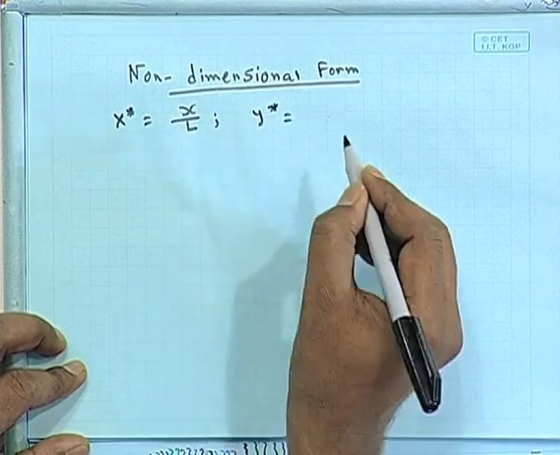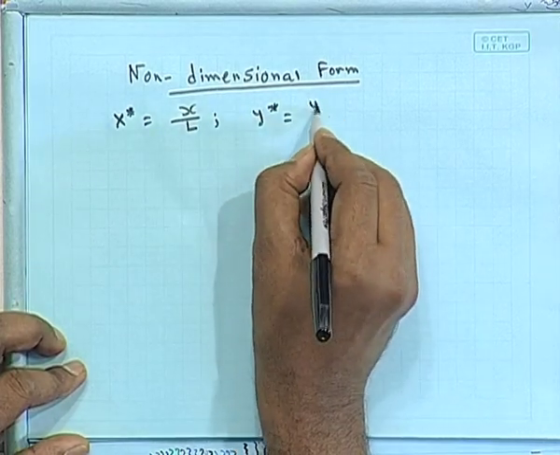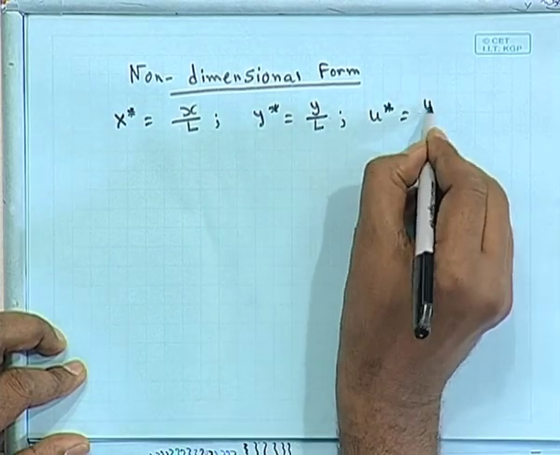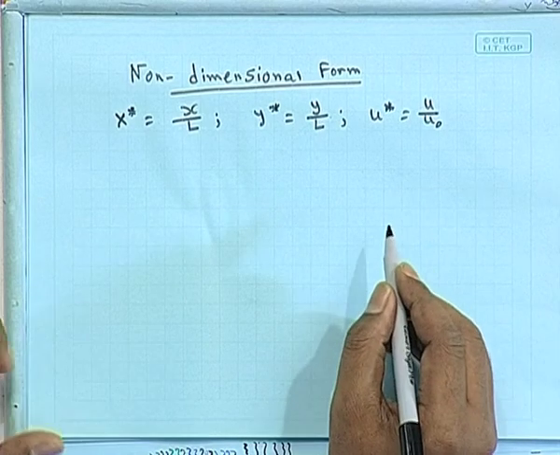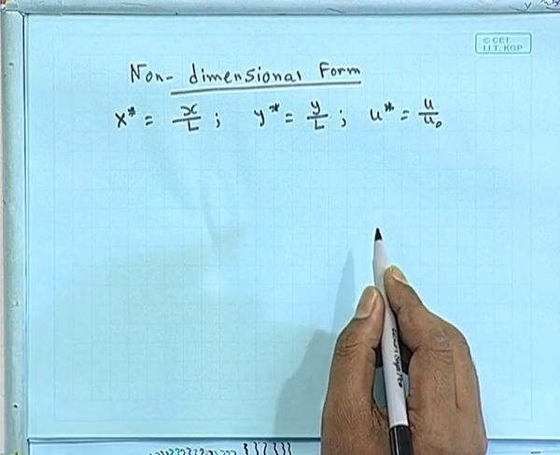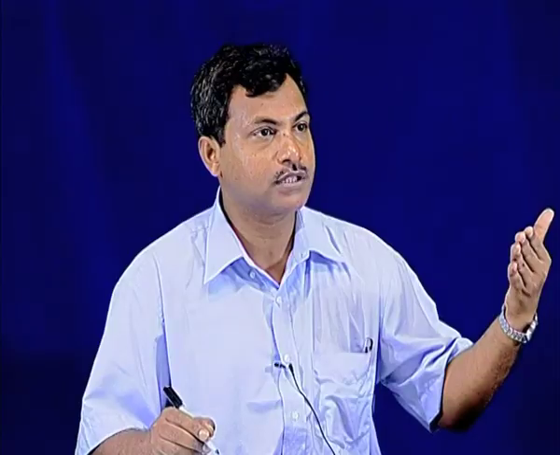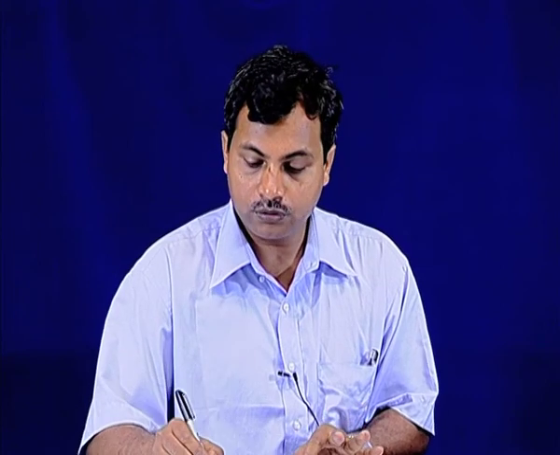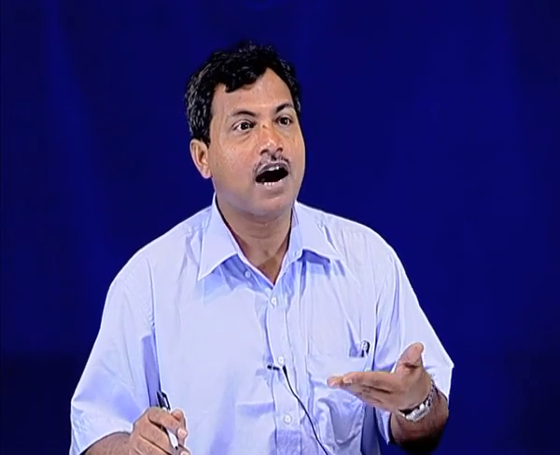Since you have the length only, y star is y by L. u star is u by u naught. Again, you do not know what this u naught is, because the external surrounding is at stationary condition. Some kind of velocity, let us say, that we do not know, and it is very risky to make a dependent variable non-dimensional against some unknown variable.